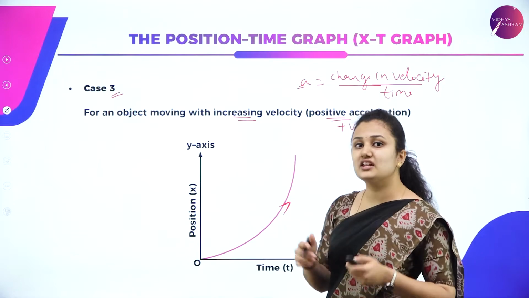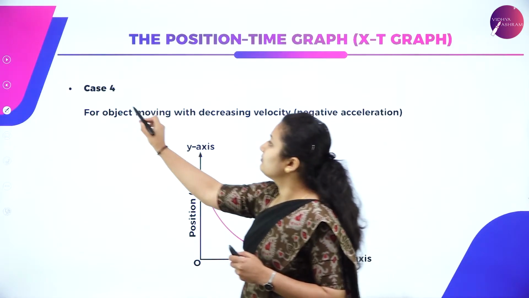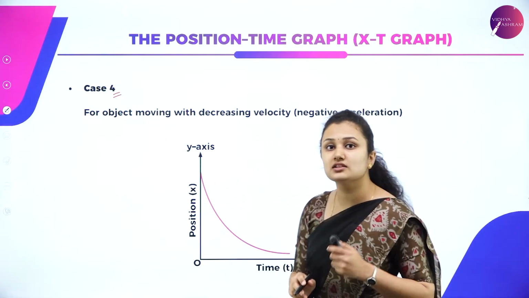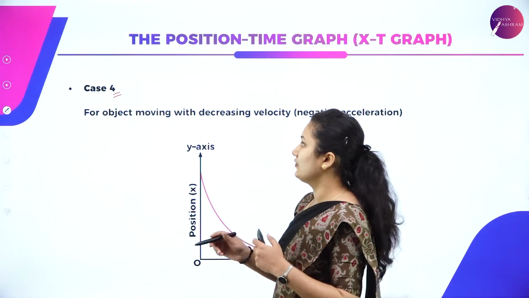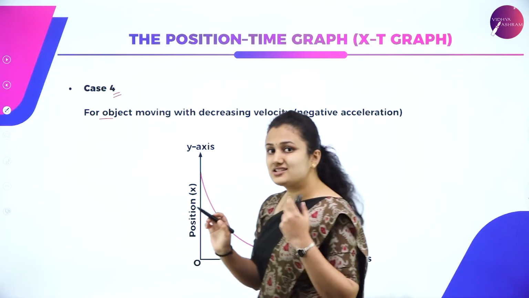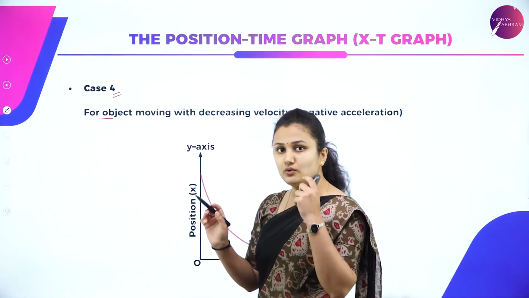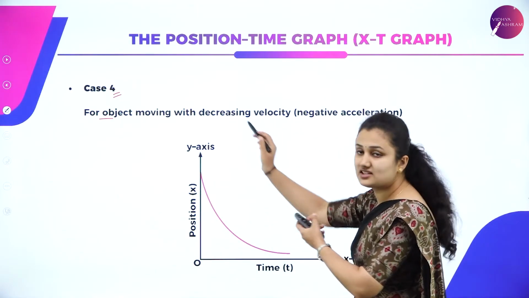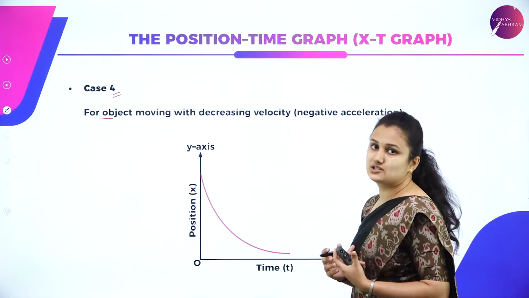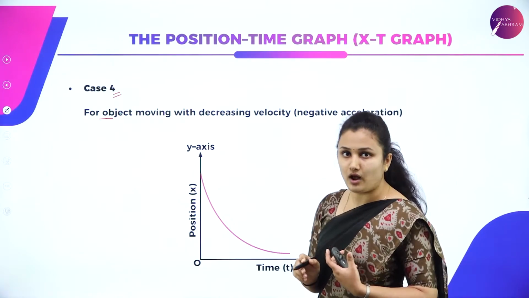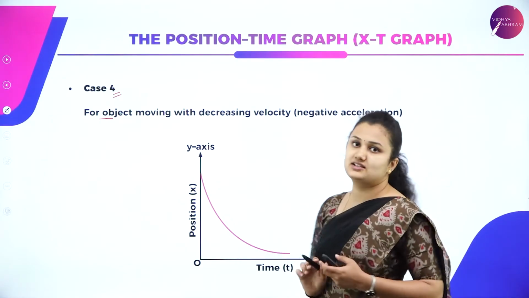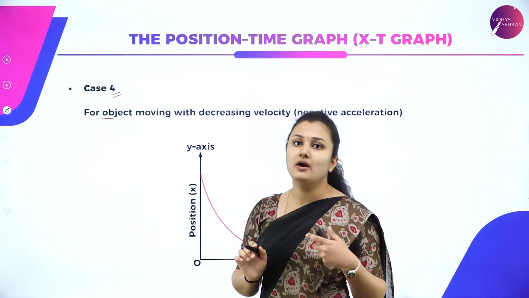Now what happens if there is a decrease in velocity? That is explained by case 4. So case 4 explains the decrease in velocity. Let us read the definition and try to understand what this decreasing velocity is trying to explain. For an object moving with decreasing velocity, that represents negative acceleration.